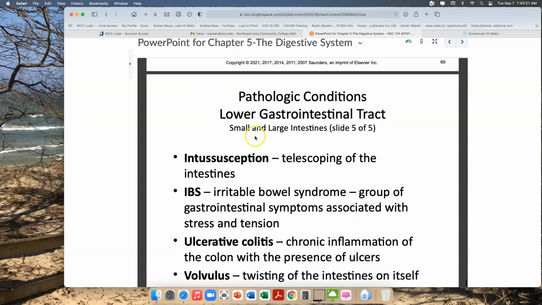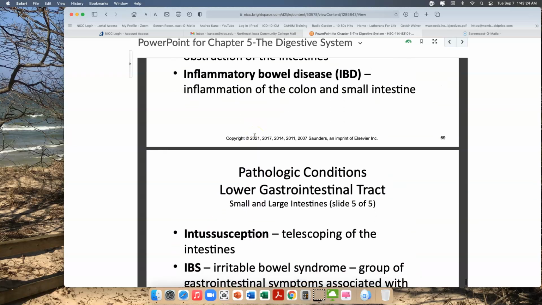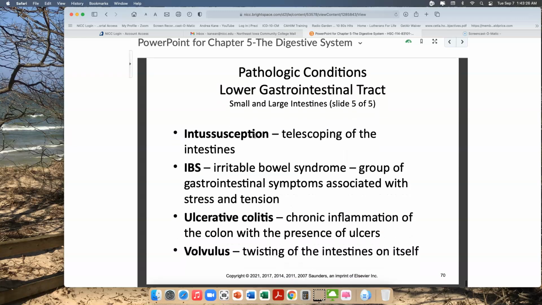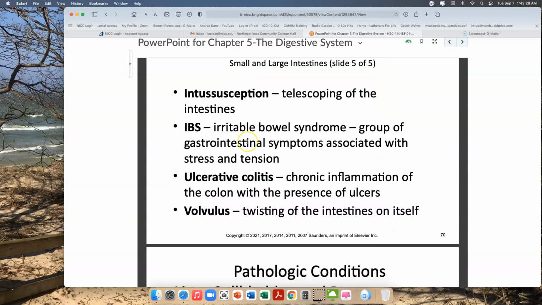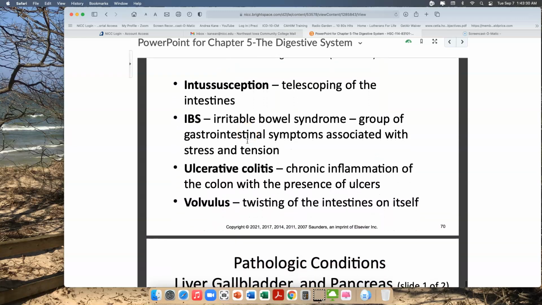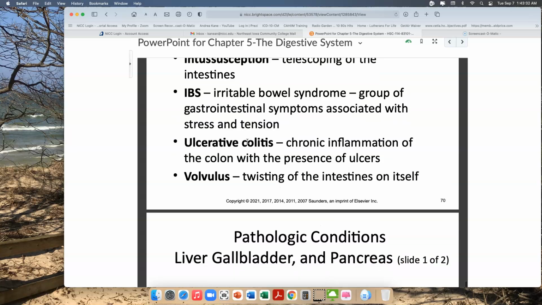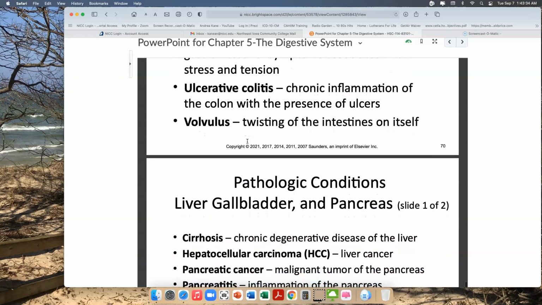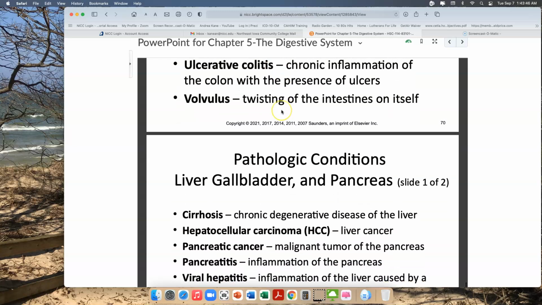Irritable bowel syndrome, we talked about inflammatory, but there's also irritable bowel syndrome, and that's GI symptoms that are associated with stress and tension. Ulcerative colitis is another type of bowel issue where you have chronic inflammation of the colon, and it develops into ulcers. So you have the ulcerative colitis.